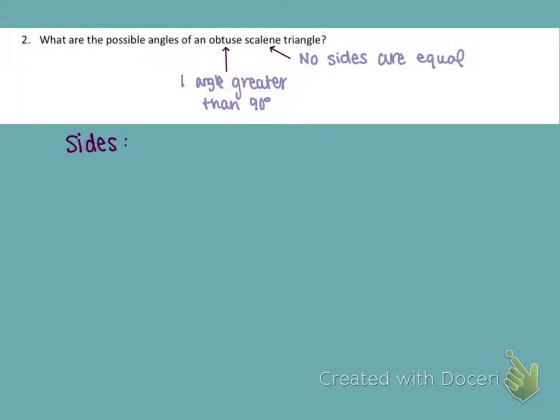So I could just make up a measurement of like one side is 14 centimeters, another side is 11 centimeters, and another side is 16 centimeters. Be super careful that you keep your measurements valid, because remember, 14 plus 11 has to be greater than 16, which it is. 11 plus 16 has to be greater than 14, which it is.